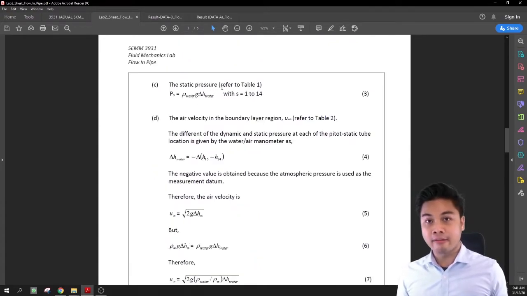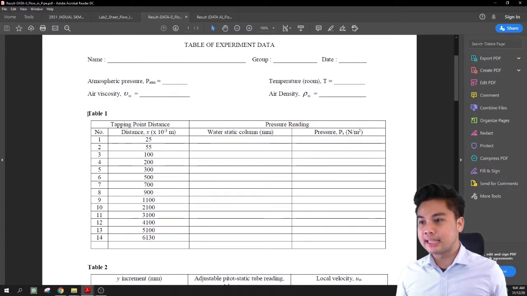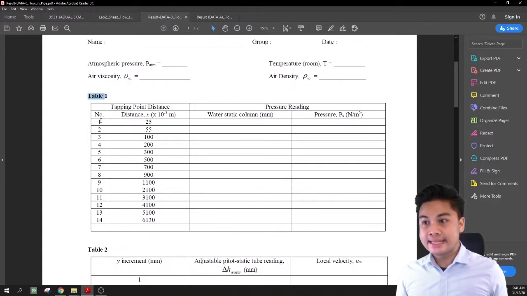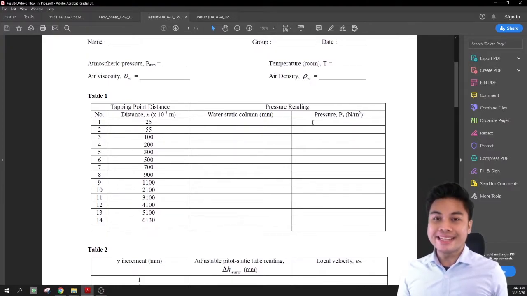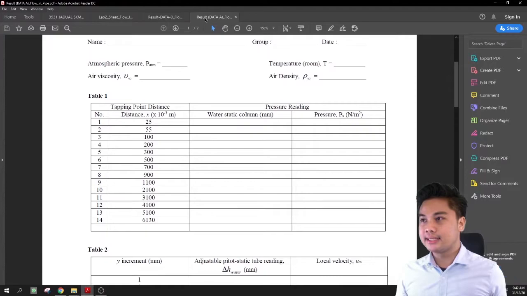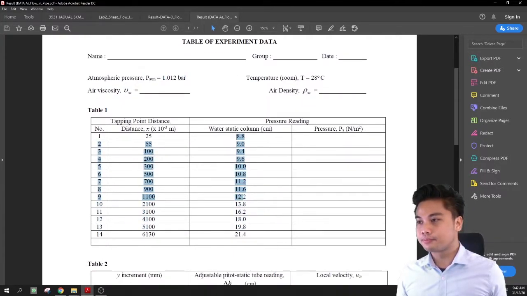This refers directly to table 1, where we have 14 readings, starting with 25 times 10 to the power of negative 3 meter until 6130 millimeter. This is the water static column. This data will be given to you. The one that you need to calculate is the pressure based on this reading.